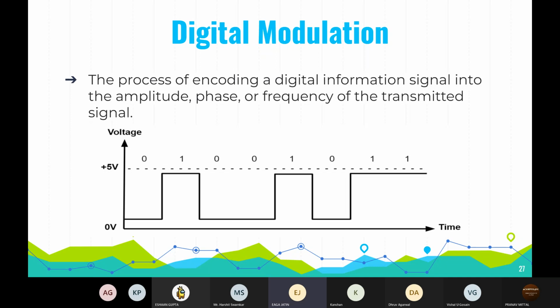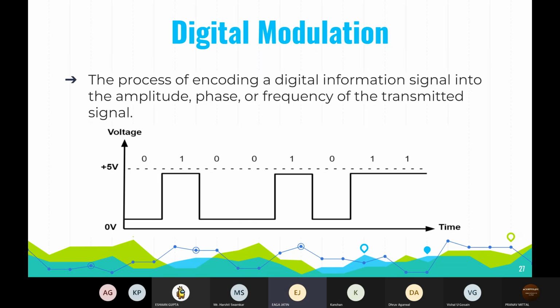So this shifting or keying is known as modulation. ASK, PSK, and FSK are analogous to AM, PM, and FM respectively, as I've already told you. The difference is that in digital modulation techniques the modulating signals are in digital nature, while in analog modulation, the techniques are AM, FM, and PM.